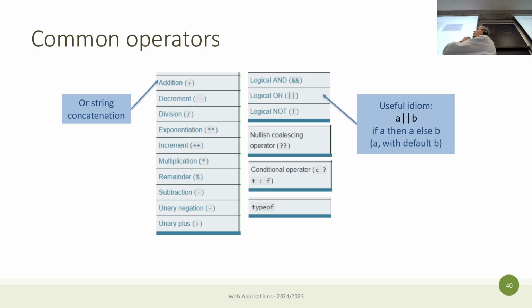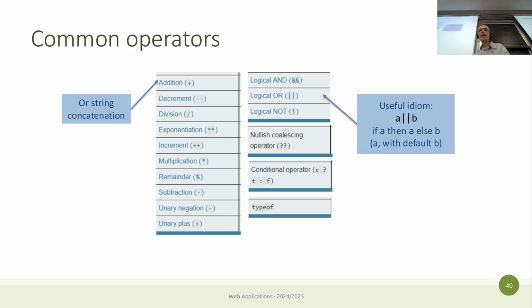So, if we have a variable A, and we would like to have a default value for A, we can write A with the OR symbol and then the default value, and automatically this expression will take the value B if A has not been initialized, or A if it has been initialized.